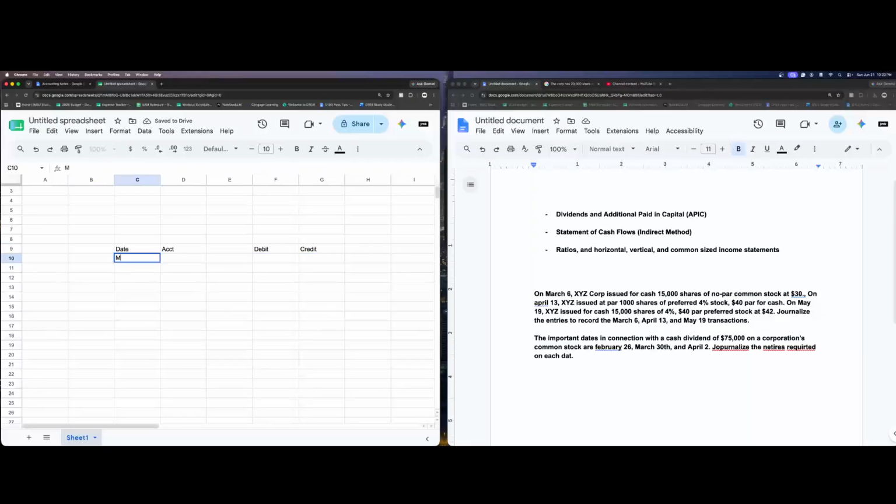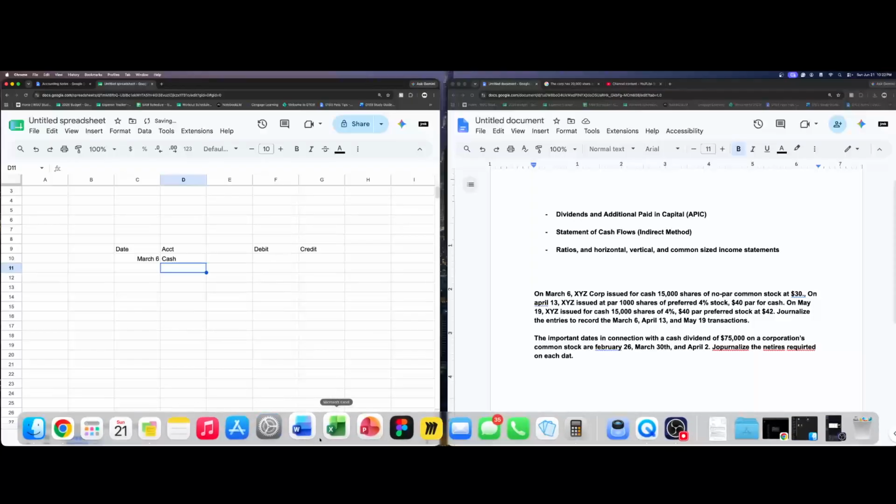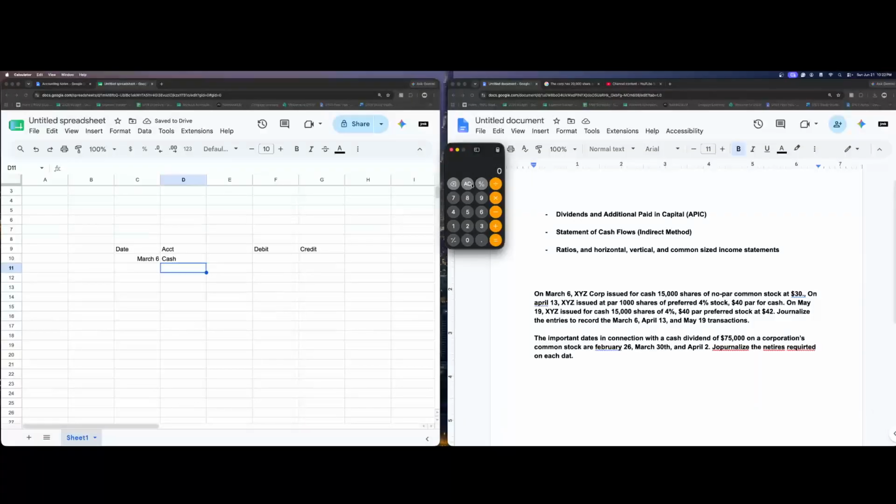On March 6th, issued for cash. 15,000 shares at $30, so they most likely received $45,000 in cash. First off, just for cash, 15,000 shares.